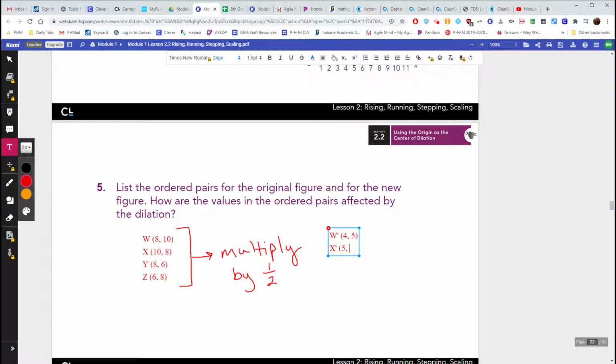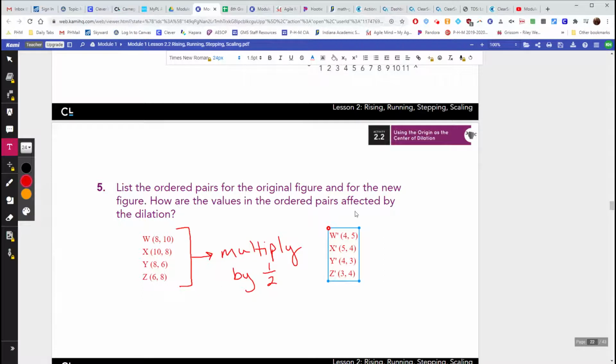Y coordinate 8 times 1/2 is 4. Why don't you pause the video and try Y prime and Z prime on your own, and then unpause and check your answers. Y prime, you multiply the 8 and the 6 by 1/2, and you should get 4, 3. And for Z prime, multiply the 6 and the 8 by 1/2, and you should get 3, 4.